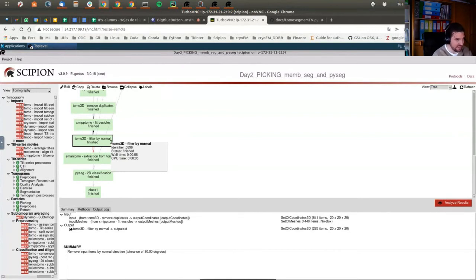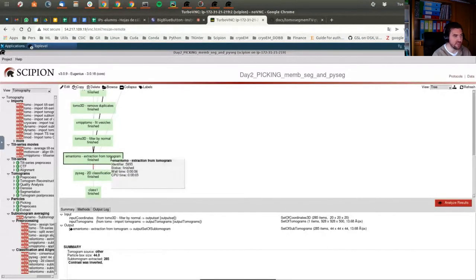This next protocol is one which is very, very used. It's just to extract the particles, the subvolumes, subtomograms from the tomogram, which is just cropping on each of those coordinates with a box of a specified size.